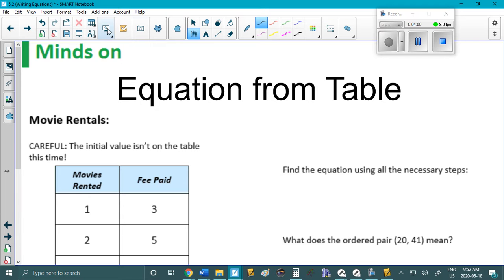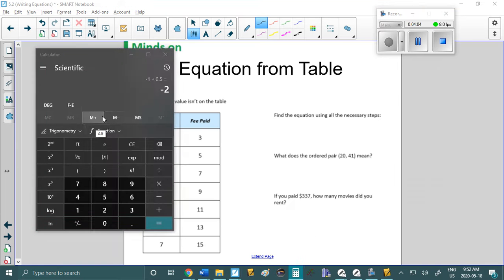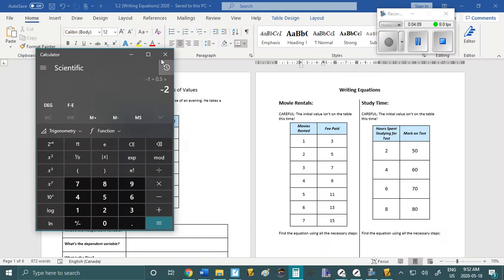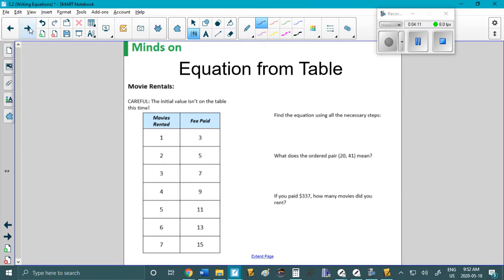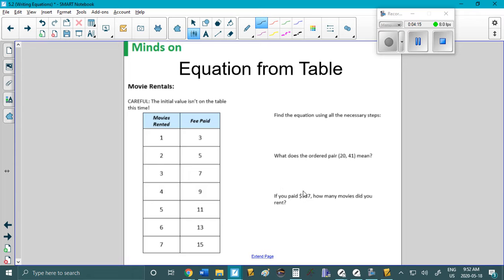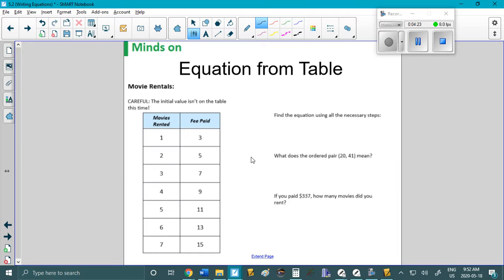And then what I have for you, I believe, is 2 examples, the movie rental example and the study time example. So I'm going to go through the movie rental example, and I'm going to get you to try the study time example.